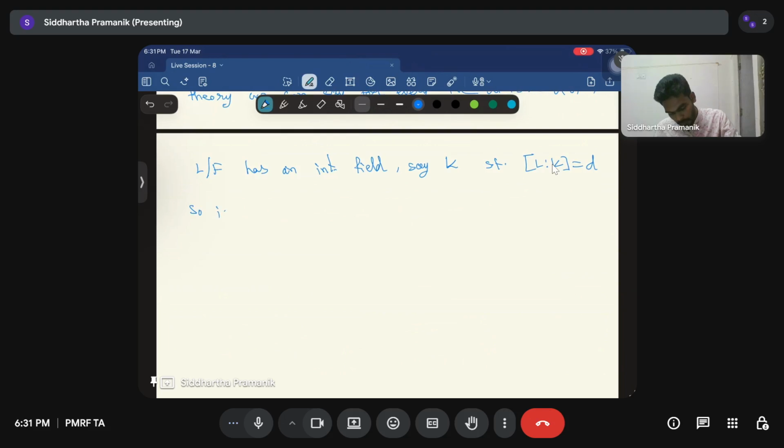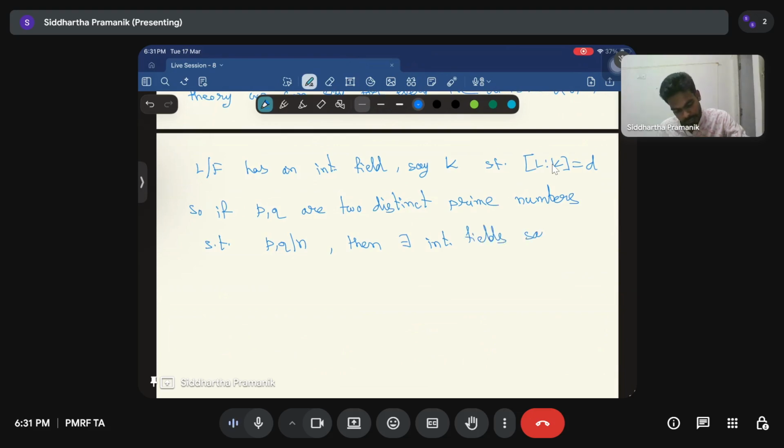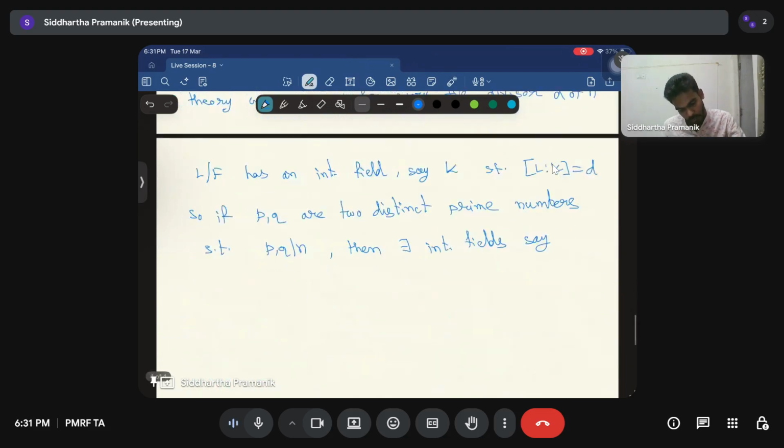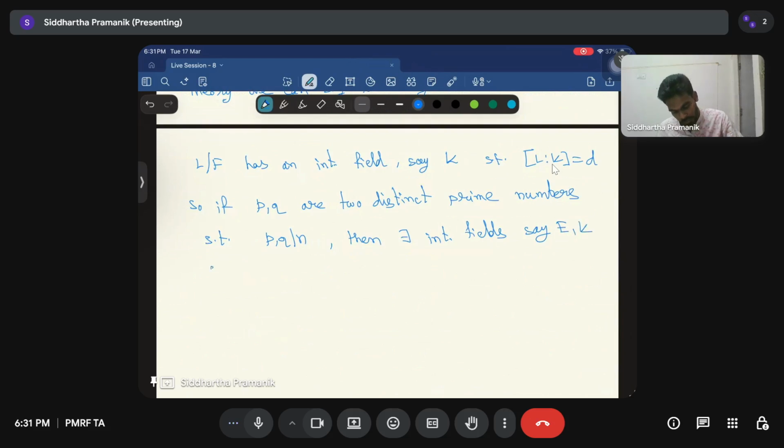So if p and q are two distinct prime numbers such that both p and q divide n, then there exist intermediate fields, say E and K, such that the degree of E over F is p, and the degree of K over F is q.